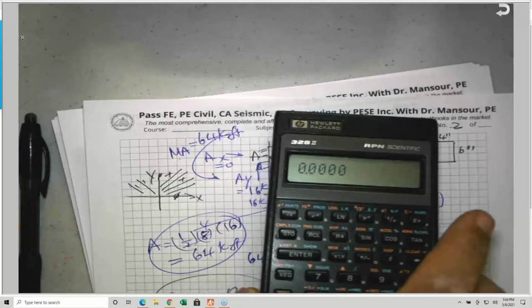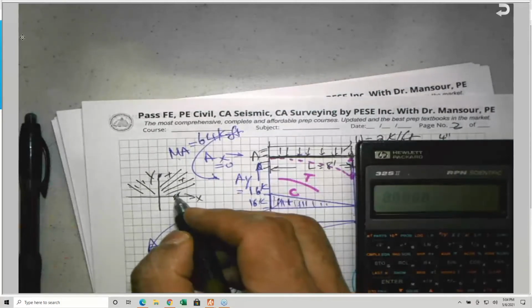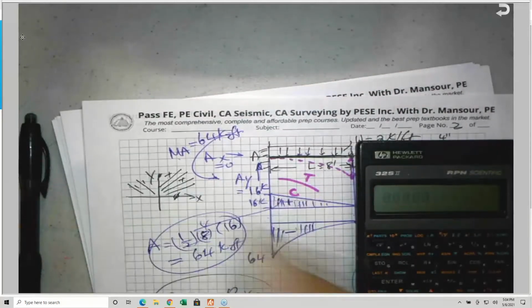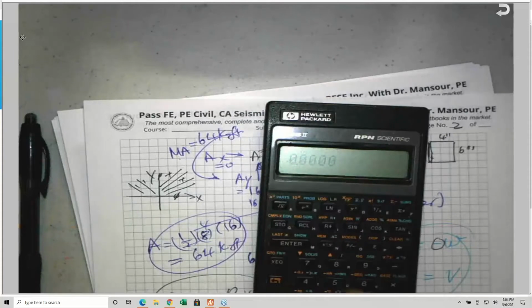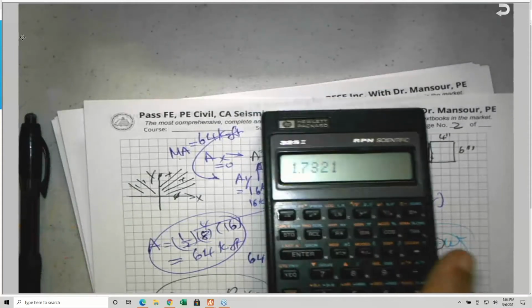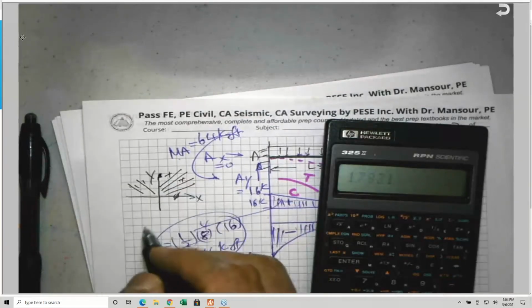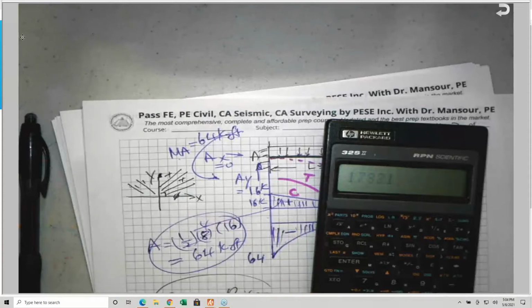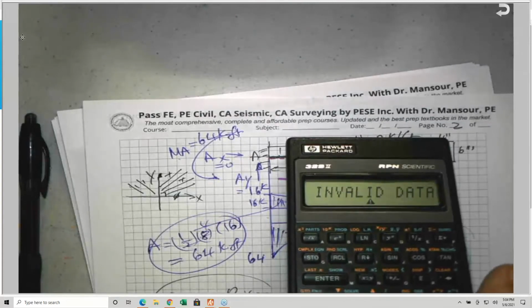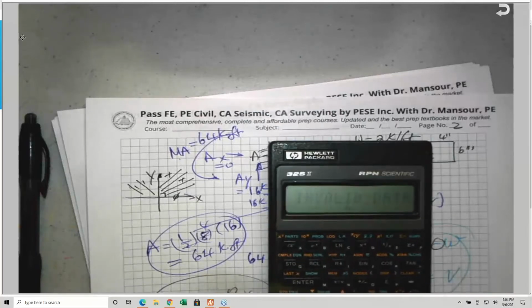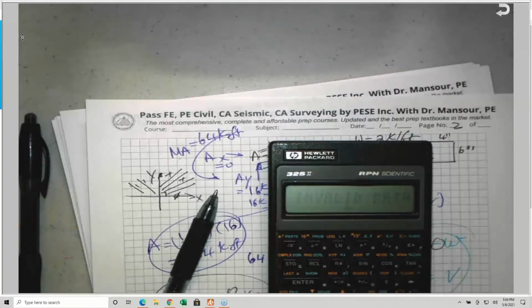And any angle between 0 and 90, all of them are positive. So the tan of 60 degrees is positive. All these are positive until you come to the y. The y, this angle is 90. If you enter 90 and say tan, it will give you an error. It will give you invalid data. If you look at your calculator, you'll find that the tangent of 90 degrees is going to give you an error.